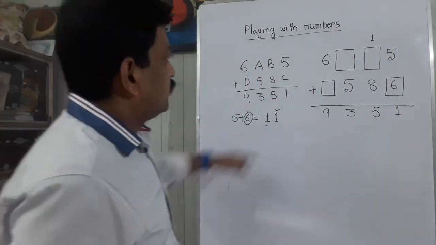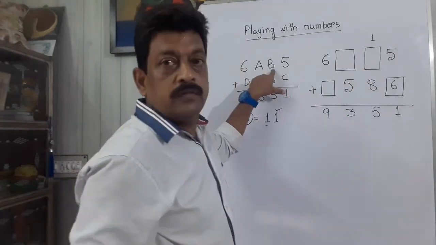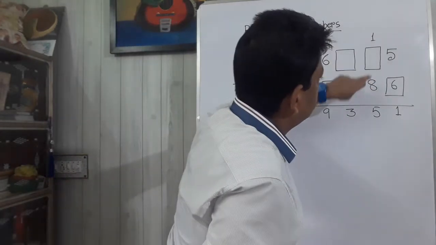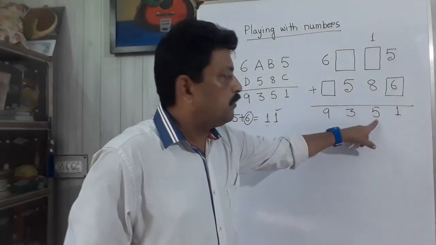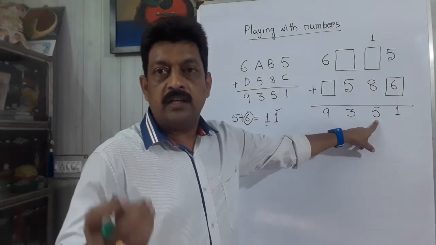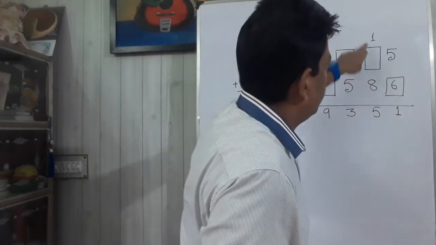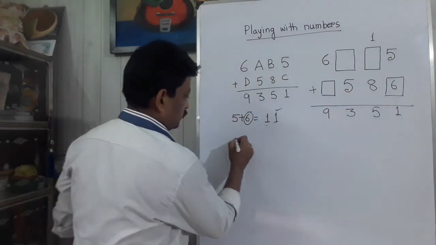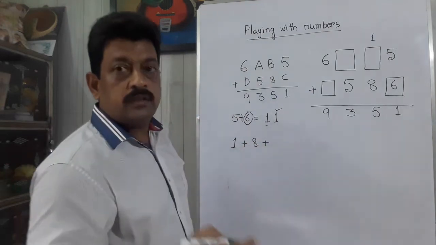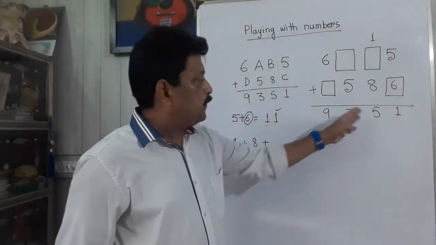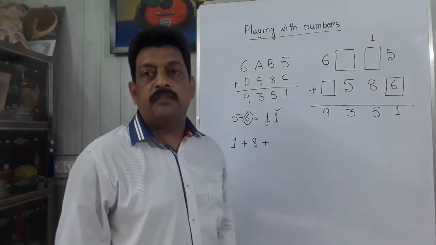Now here it is B. 1 plus 8 plus which number gives 5 in the unit place? Which single digit number? So 1 plus 8 is 9. 9 plus which number gives 5 in the unit place?